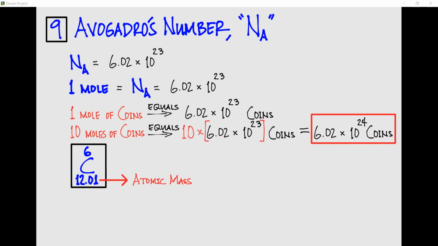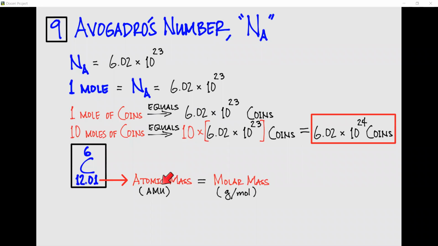All right, so let's go back to this right here, the atomic mass, right? The atomic mass of a carbon atom is 12.01, and the atomic mass is actually equivalent to the molar mass numerically, kind of like the formula mass. Again, the only difference between them is the units.